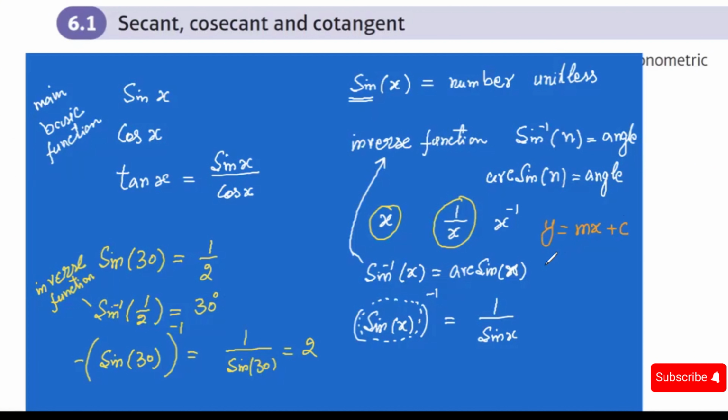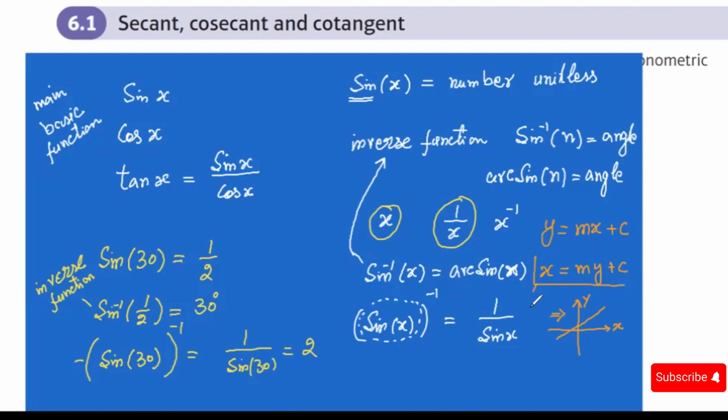The way is to change y into x and x into y. The graph had the x-axis and the y-axis, with x as the independent variable and y as the dependent. But if you shift your dependent variable into independent, this will be our new function.